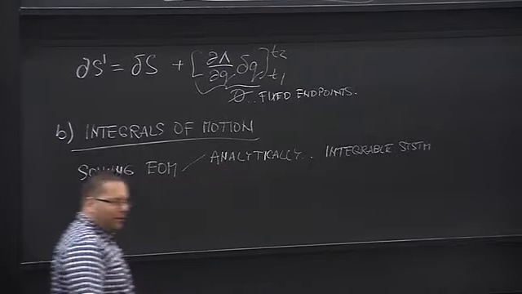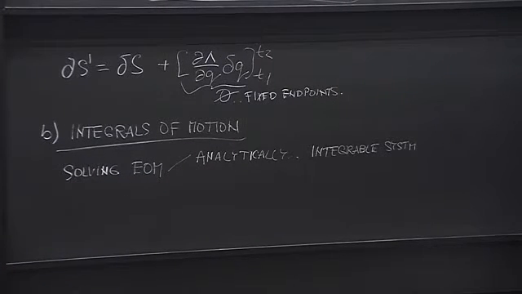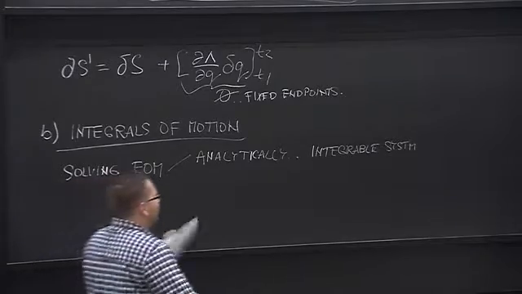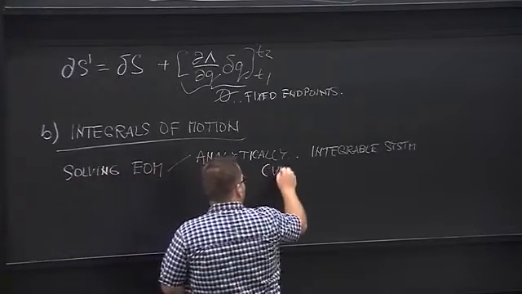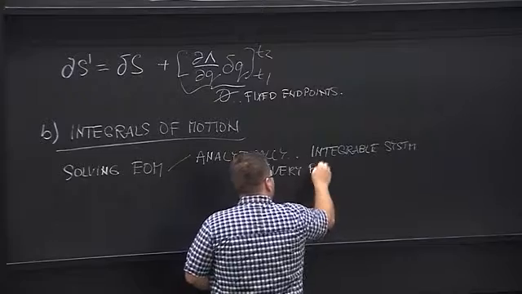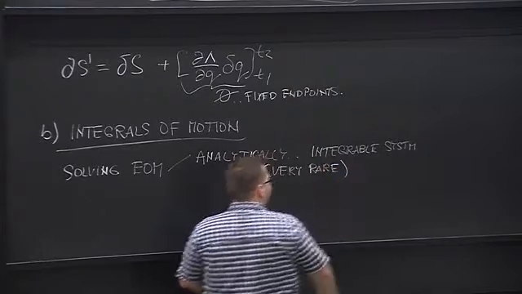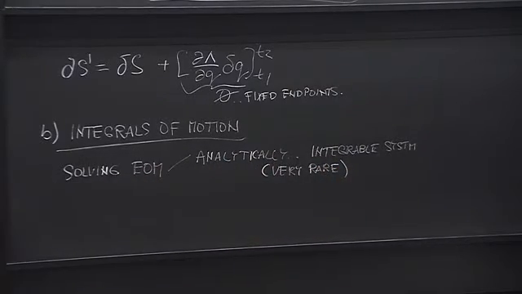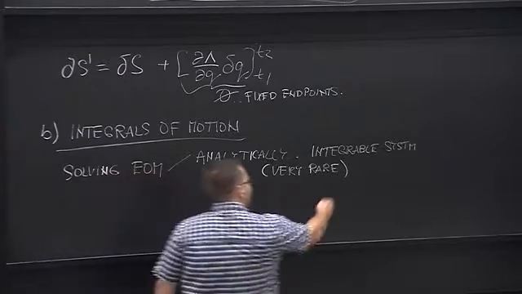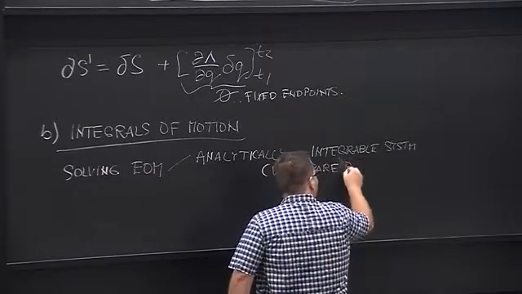And integrable systems, of course, form a measure zero subset of all the systems. So these are very rare. But fortunately for us, they are also interesting. For example, the Kepler problem is an integrable problem, and you can actually solve it. Very rare, but I would say quite important.